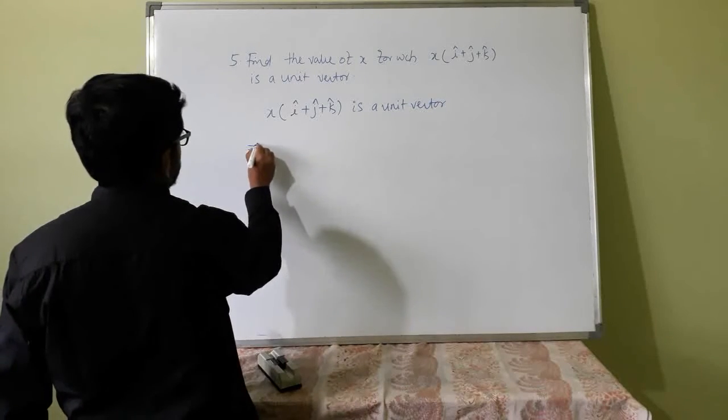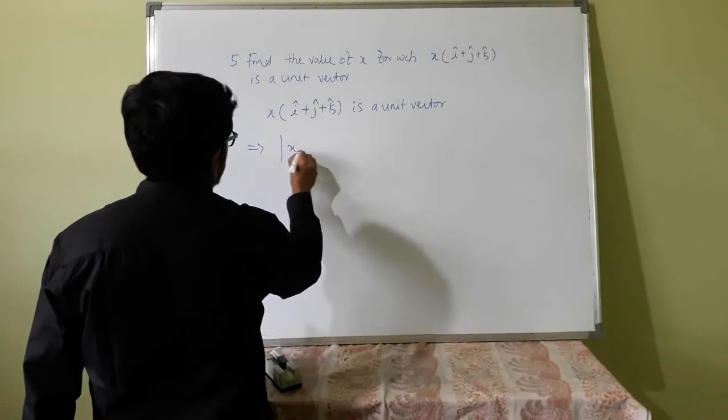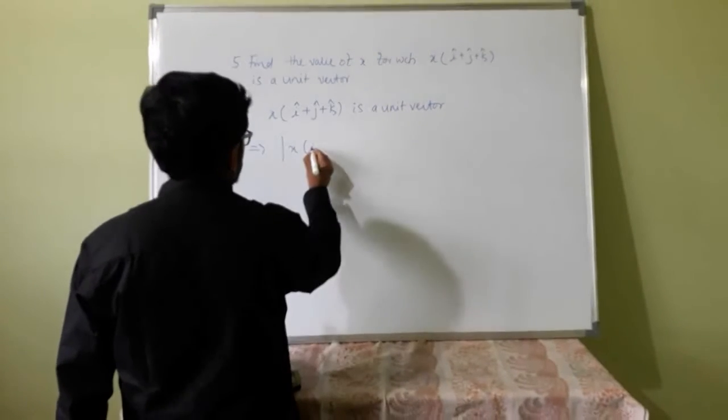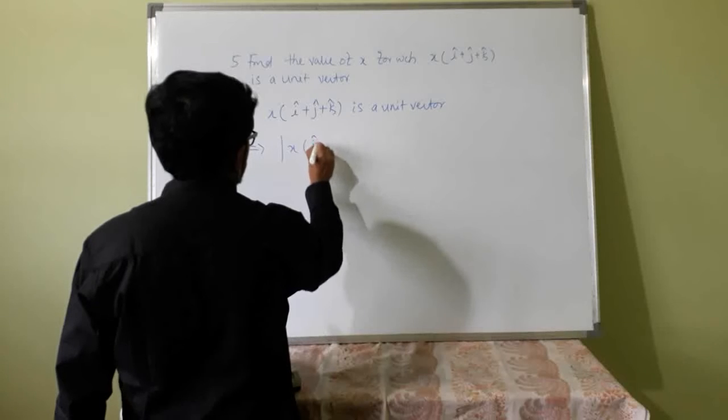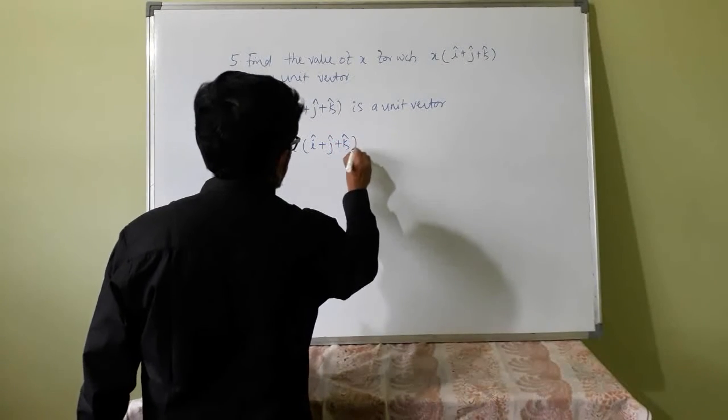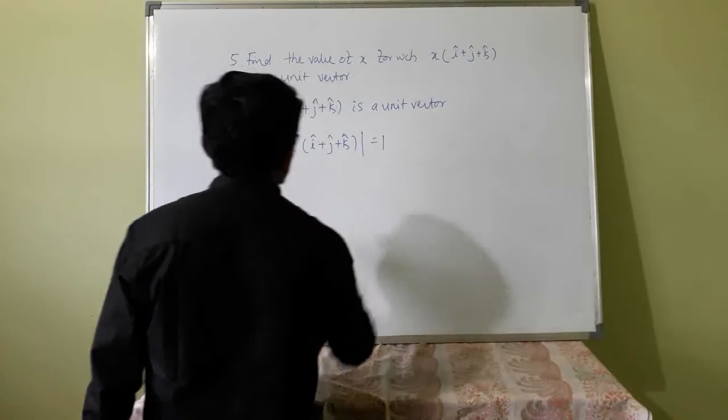This implies the magnitude of x(i cap plus j cap plus k cap) is equal to 1.